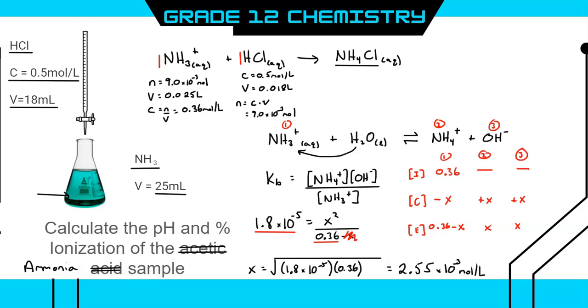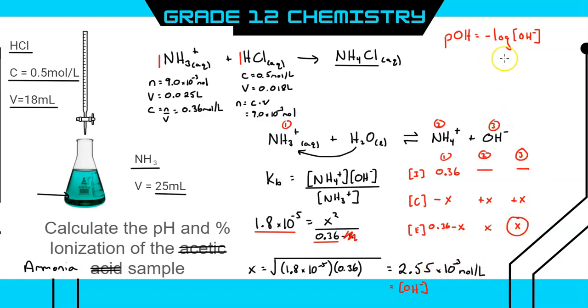Okay, now let's figure out what the pH is. Now we don't know what the concentration of hydronium is. So what we're going to do first is figure out what the pOH is. pOH is minus the log of the concentration of hydroxide ions. And we know what that is. It's right here. We just solved for it, right? X is the concentration of hydroxide ions.